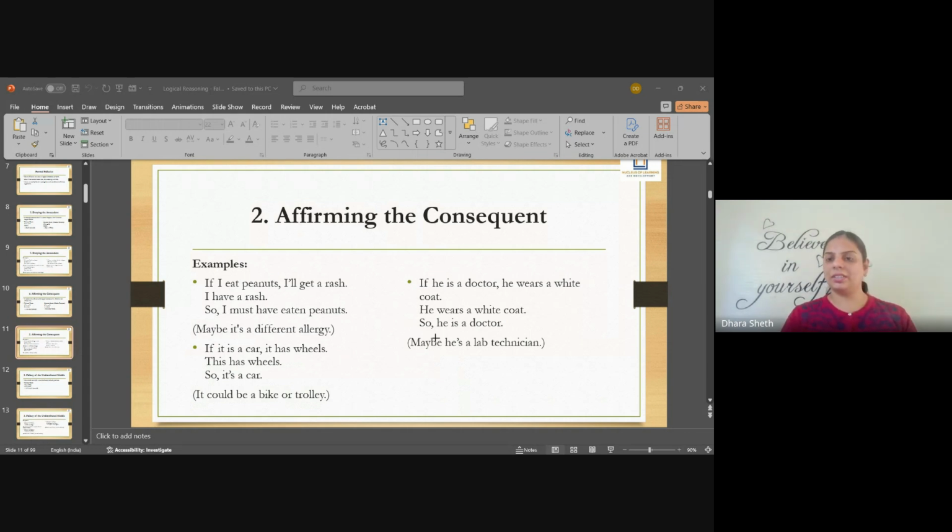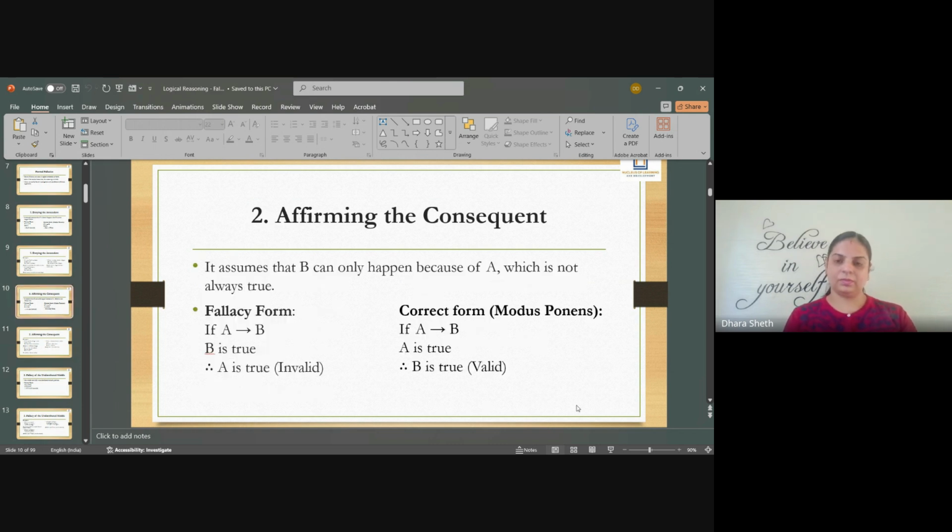This is called affirming the consequent. It assumes that B can happen only because of A, which is not always true.